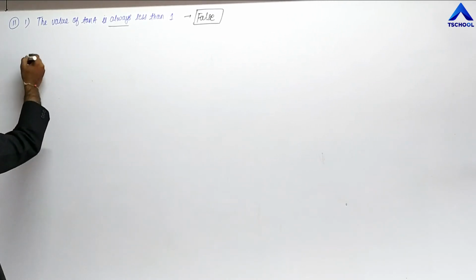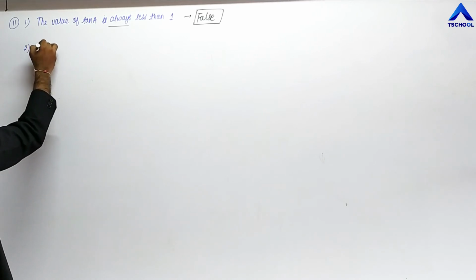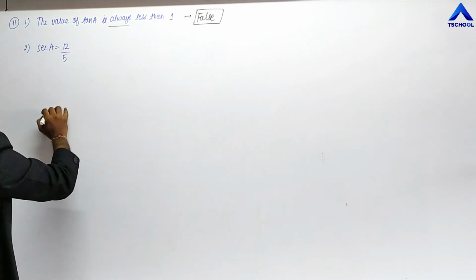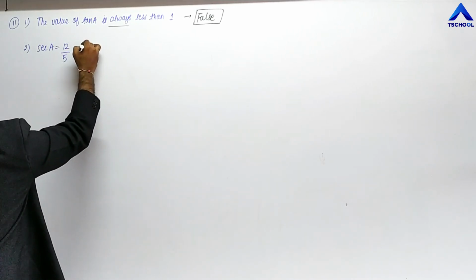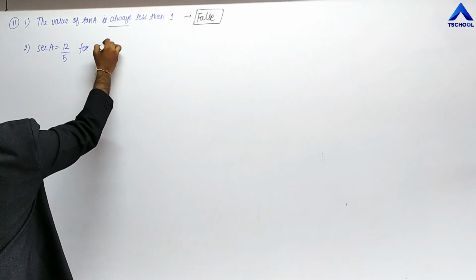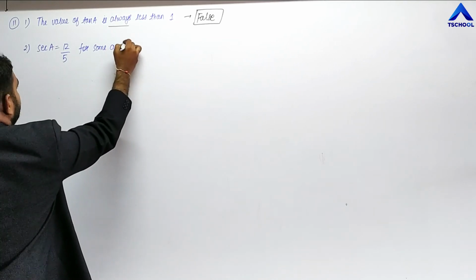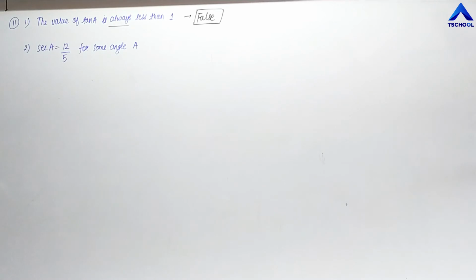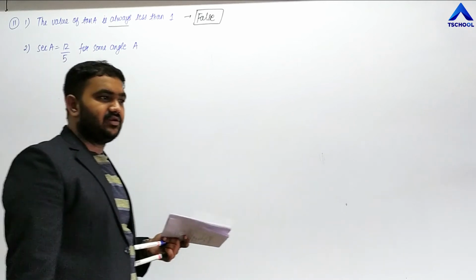Second question. Sec A is equal to 12 upon 5 for some angle A. Right? Sec A is equal to 12 upon 5 for some angle A. Is this thing true or not?